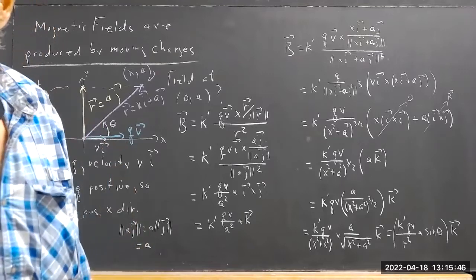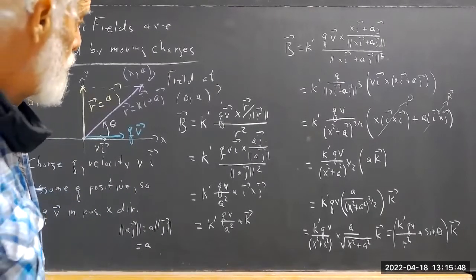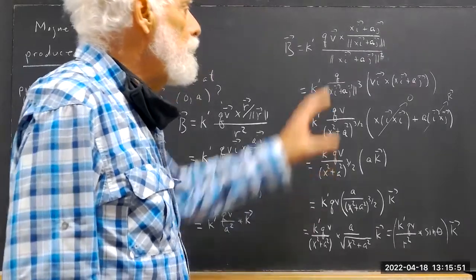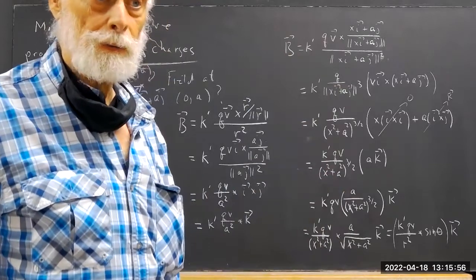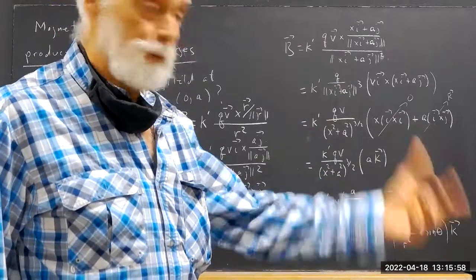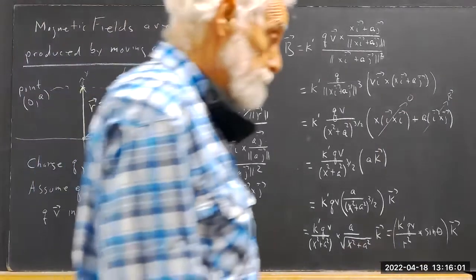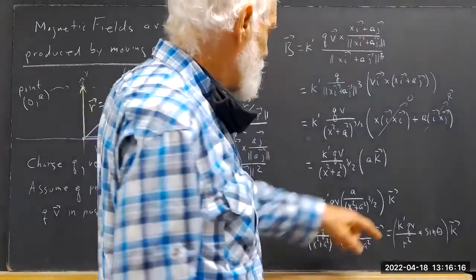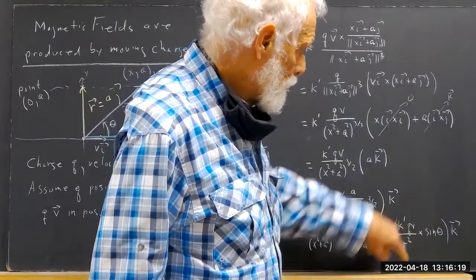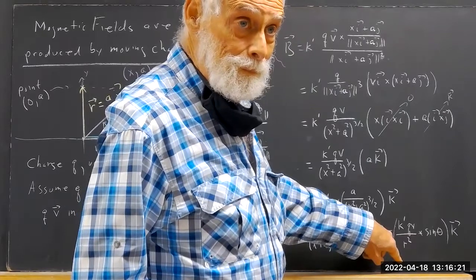Now your book doesn't assume as much familiarity with vector calculations as this class will have, because everybody's been through the logarithmic calculus. Your book just gives you a formula at some point, which is just going to ignore everything except the K prime QV sine theta over R squared.